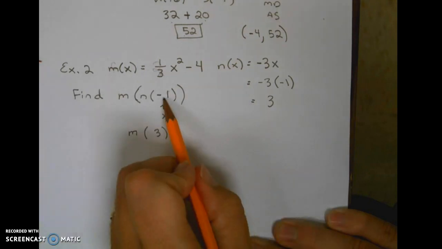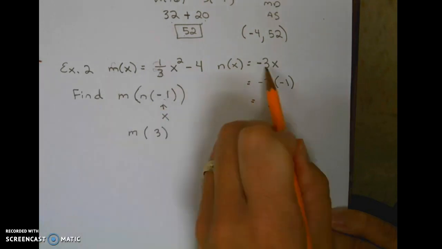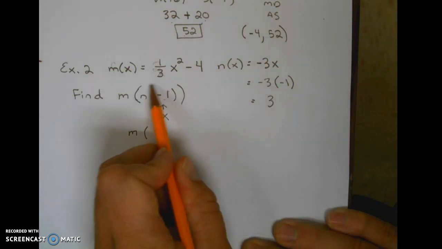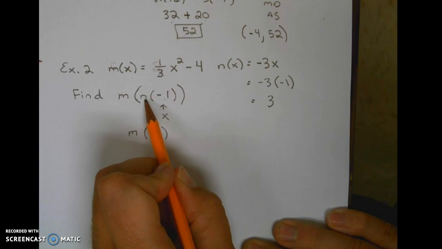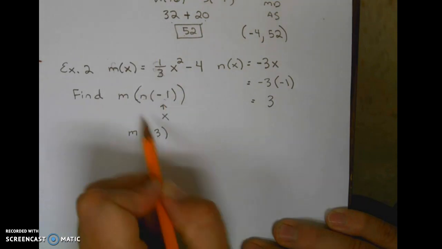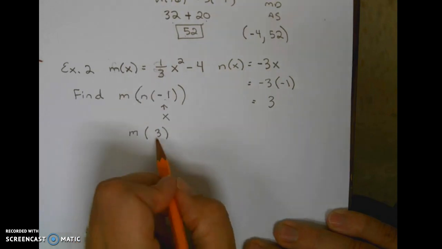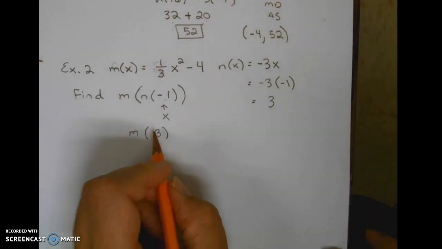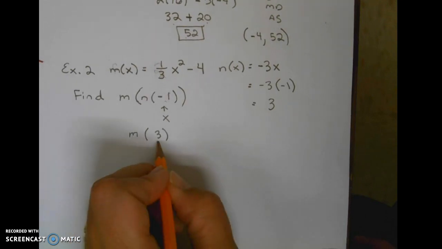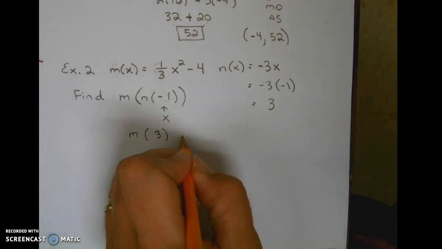So when we plug negative 1 into n, we got out 3. So the value of the function when x is negative 1 is 3. So now we have to take the function value, which is now the input for function m, and we're going to plug it in here.